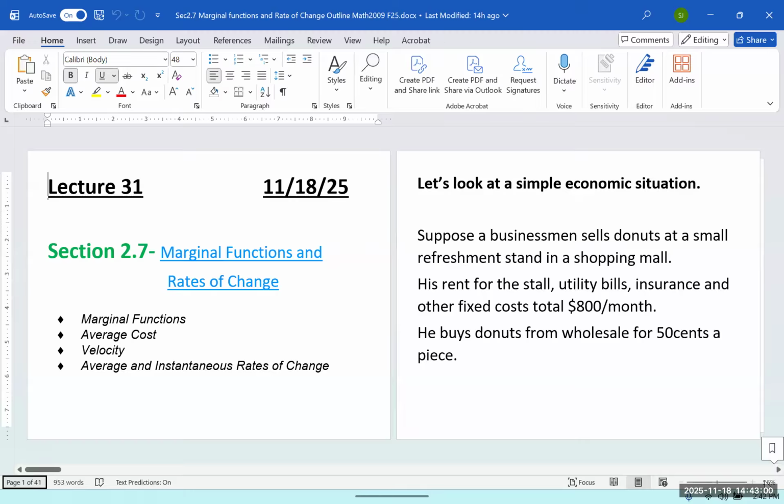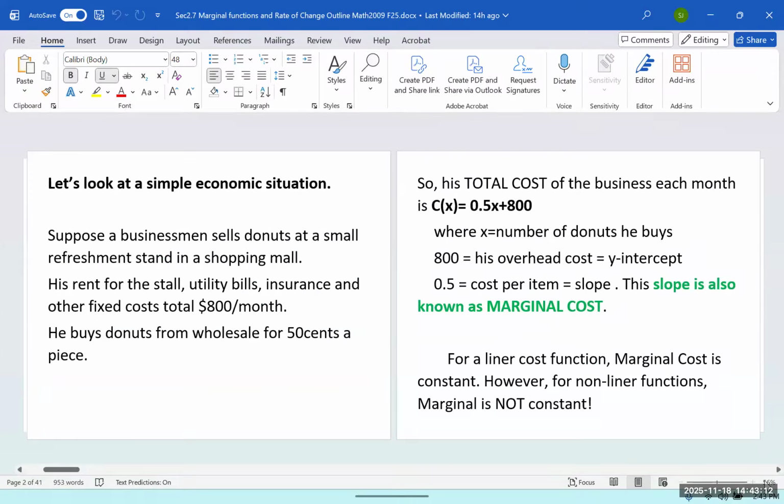If it's $800 per month, and if you buy your donuts from wholesale at 50 cents per piece, then we know from before the total cost per month for your donut stand is 0.5x plus 800. X is how many donuts you're going to buy. 800 is the fixed cost. 0.5 is the price per donut. And x is how many donuts you're going to have.